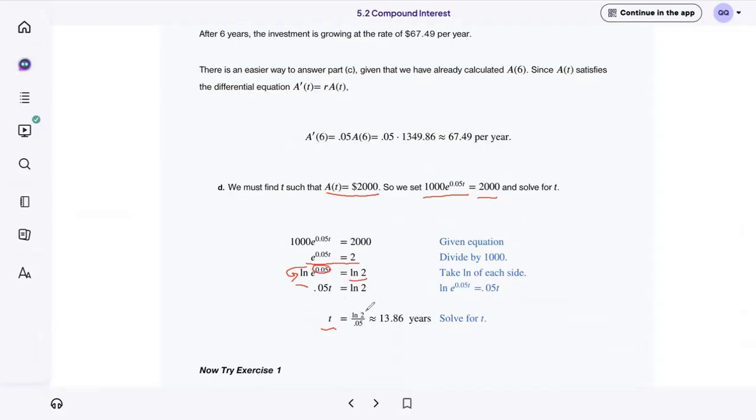On our calculator, we just press ln, where you can find ln, then press 2, then divide by 0.05. So we get about 13.86 years. So about 14 years. The money will be doubled in about 14 years.